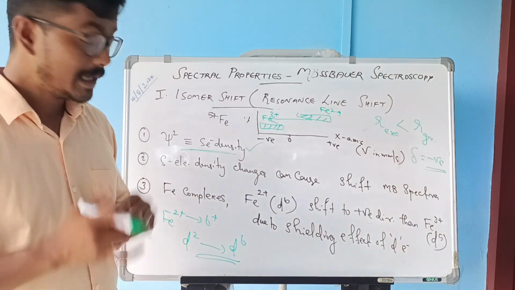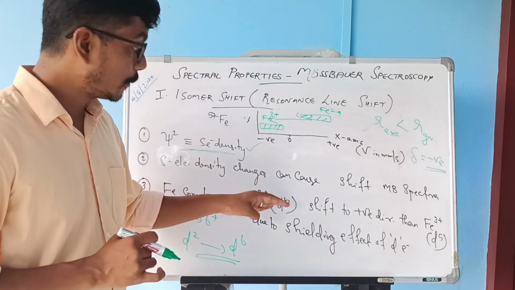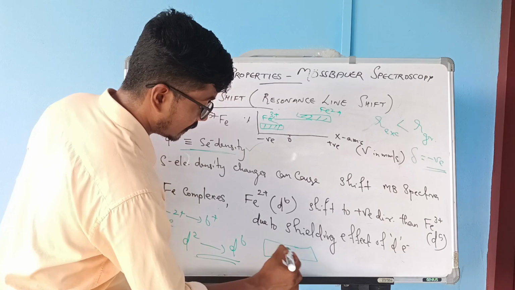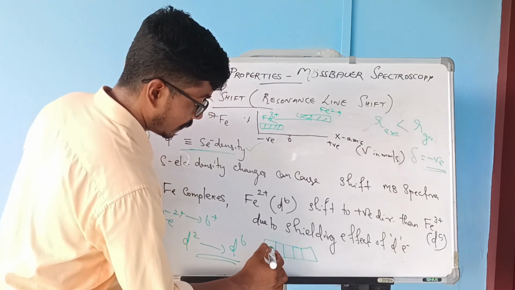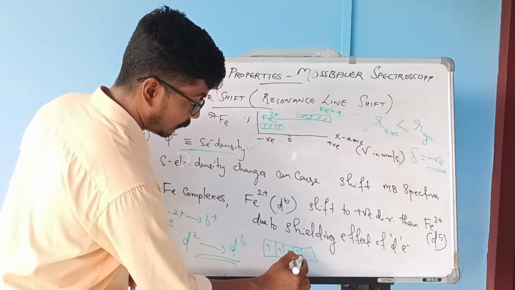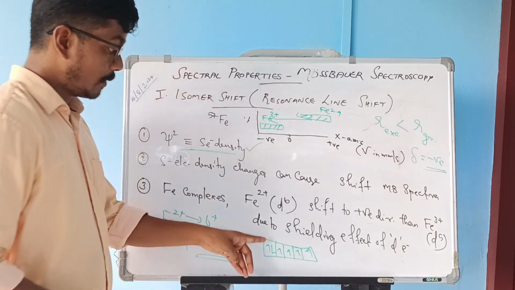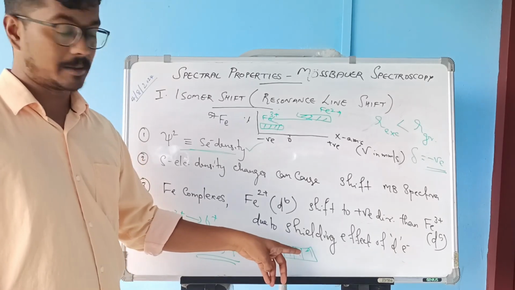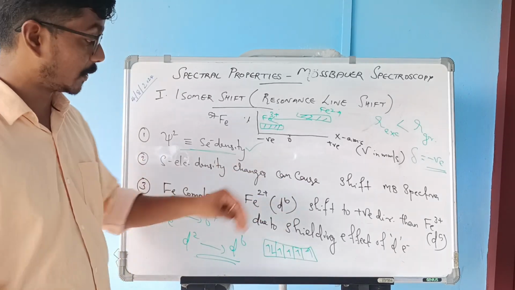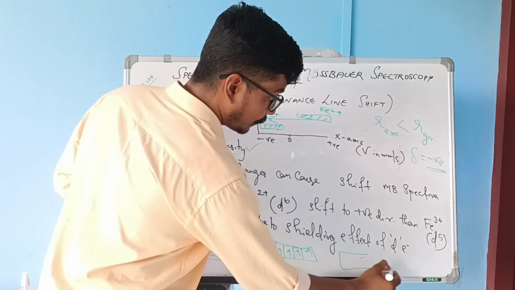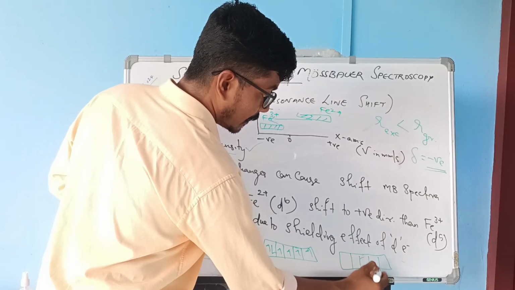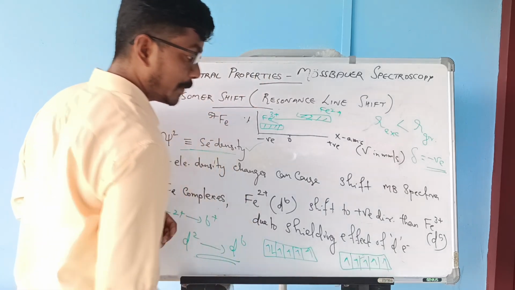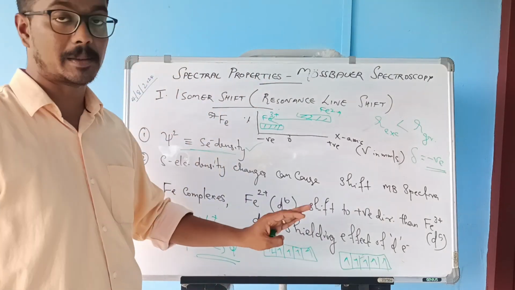Do you know the reason? This is because Fe2+ has a d6 configuration. D6 means 1, 2, 3, 4, 5, and 6. One is paired and the other 4 are unpaired. So in d6, the number of d electrons is more. In the case of Fe3+, there are 5 unpaired electrons, here 4 unpaired electrons.